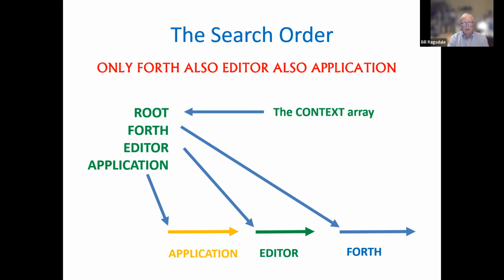At the bottom, we see application, editor, and 4th, and these are pointed to by the context array. So you start a search by going to the context array, you step down to the application, then the entire application is searched, and the same with other vocabularies. Notice they are independent, they are not linked. So a vocabulary has a beginning and an end, and upon reaching the end, the execution goes back to the search order to find the next vocabulary.